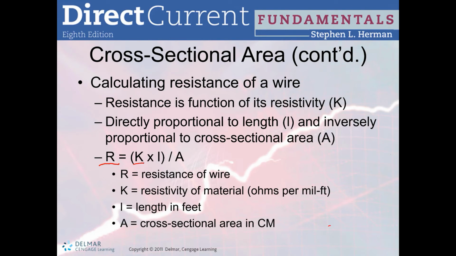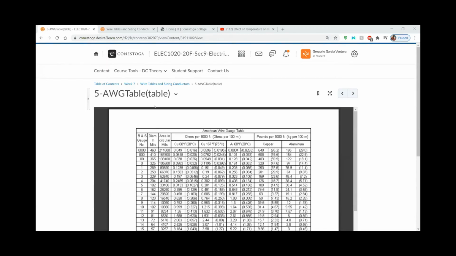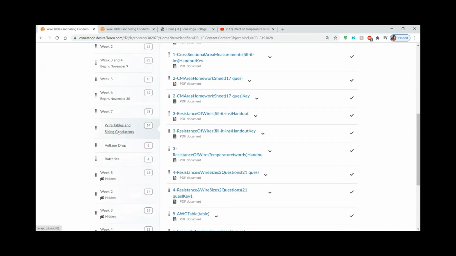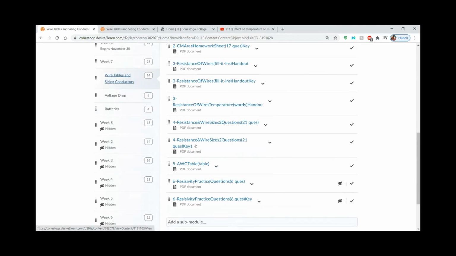So in this instance, on Iconestoga, I uploaded a table. You go under week 7, under the wire tables and sizing conductors folder, topic number 5, that's just a table.